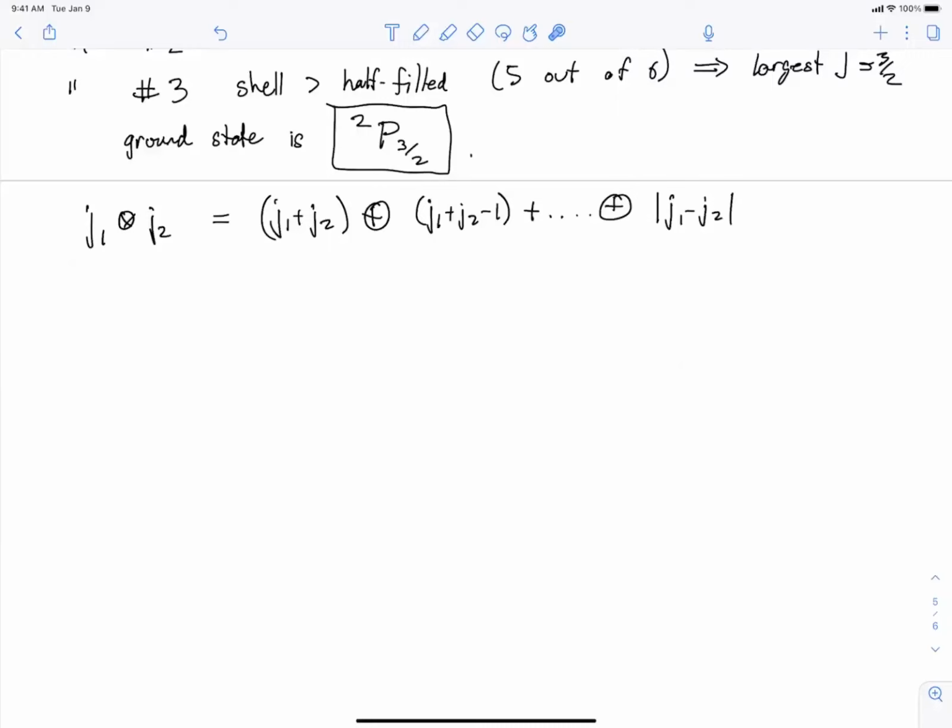So I write a little circle-times sign, but we say we're adding those two angular momenta. And this is the result of adding them, you get this direct sum. So we just keep subtracting 1 from the sum until it gets to J1 minus J2. That is correct, yes.